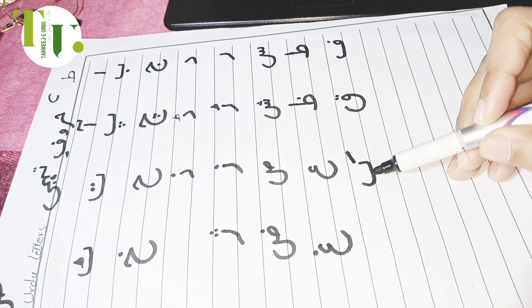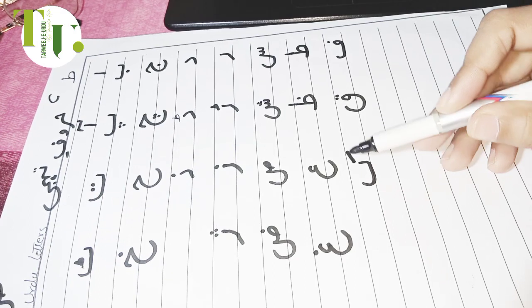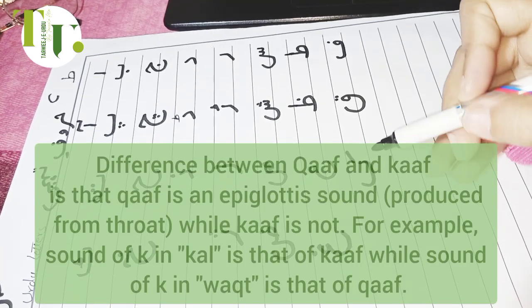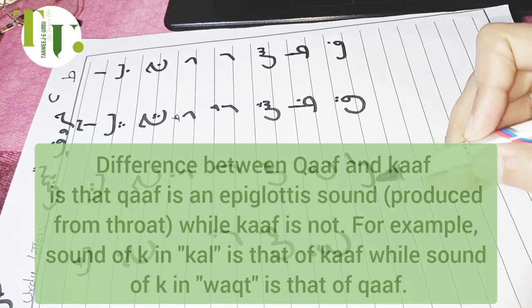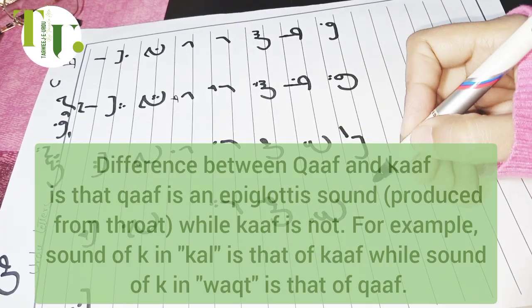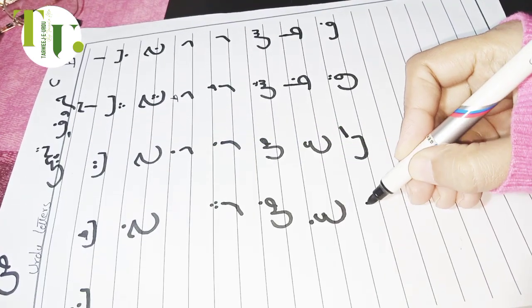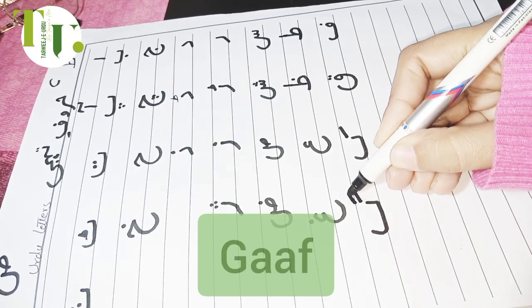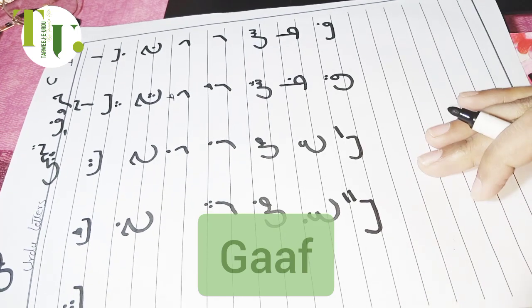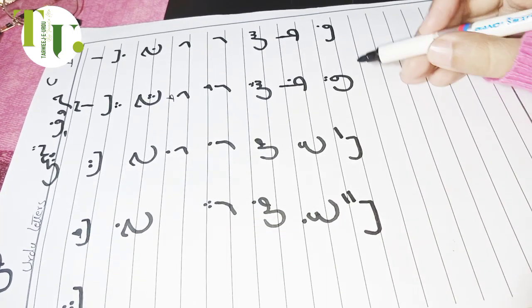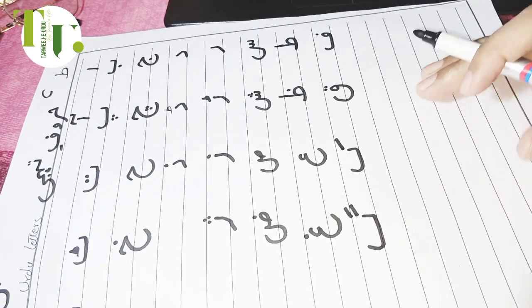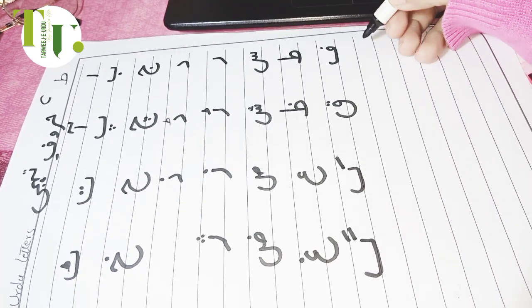Then kaf, again the same shape but with a dash sign at the right side top. Okay, fe, qaf, kaf. Kaf is light sound. Then we have gaf, same shape but two dashes at the top of the shape. Fe, qaf, kaf, gaf. Now you can write lam here.